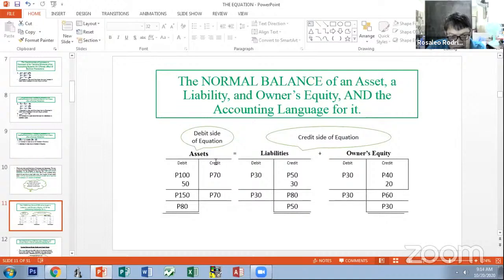So in terms of increases or decreases to these assets, we will use the term debit or credit. So maybe you will ask, why is it that accounting does not use terms more understandable, like increase or decrease?